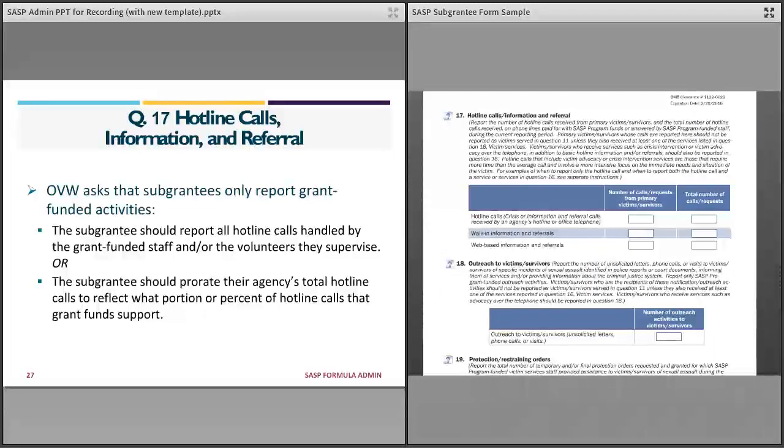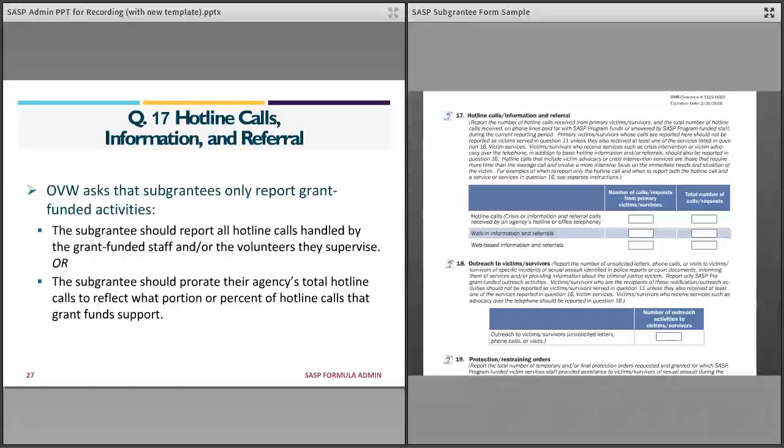Question 17, hotline calls, information, and referral, is one where we often see errors. OVW asks that subgrantees only report grant-funded activities. The subgrantee should report all hotline calls handled by the grant-funded staff and or the volunteers that they supervise.